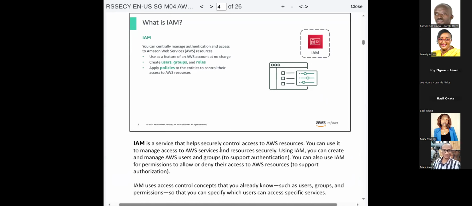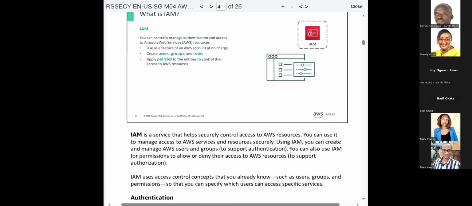IAM is a service in AWS that you use to manage access to AWS services and resources securely. The services are things like IAM, S3, EC2, Config, CloudTrail, CloudWatch, the services that AWS gives you.